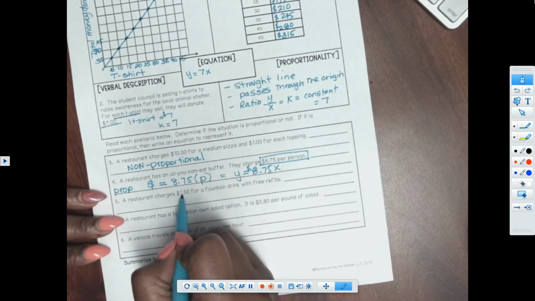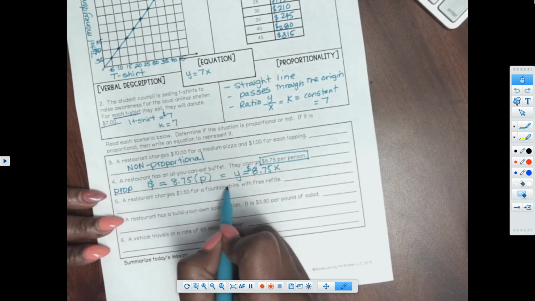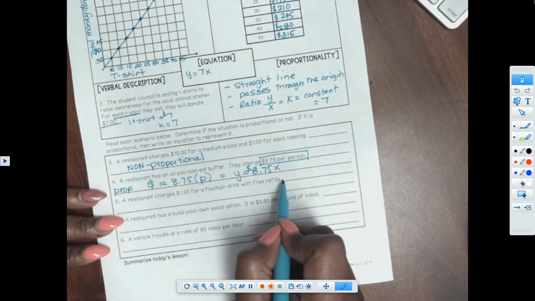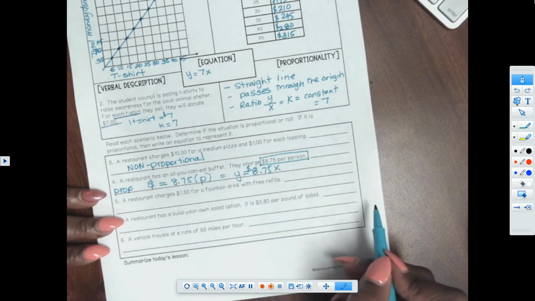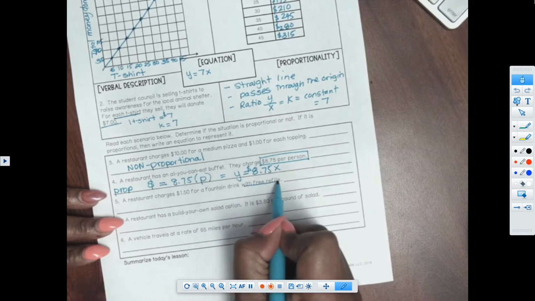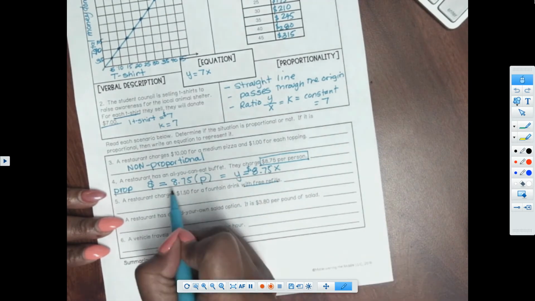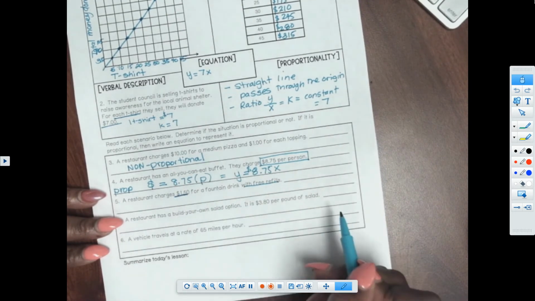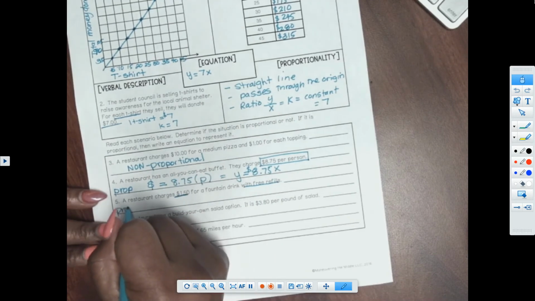A restaurant charges $1.50 for a fountain drink with free refills. Now, this one, like, well, Ms. Brown, is this one proportional? Yes, no, maybe so. Well, yeah, because the free refills, it doesn't matter. It's free. That doesn't change. But they're going to charge you this $1.50 each time. So, yes, it's proportional.